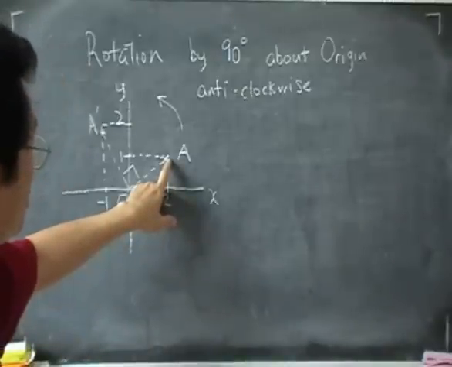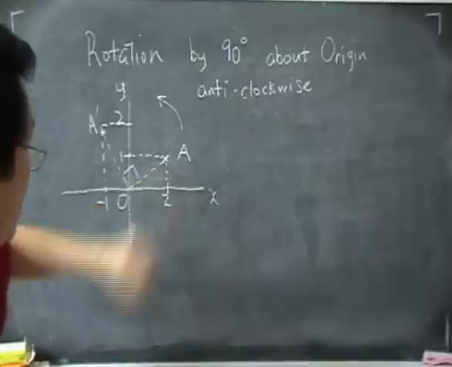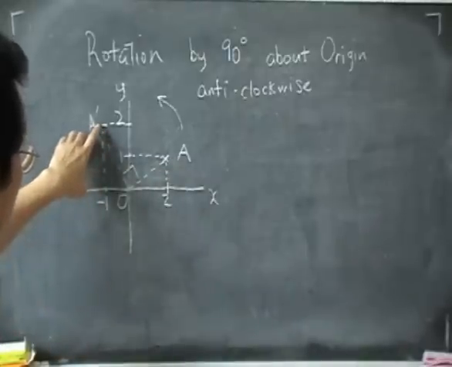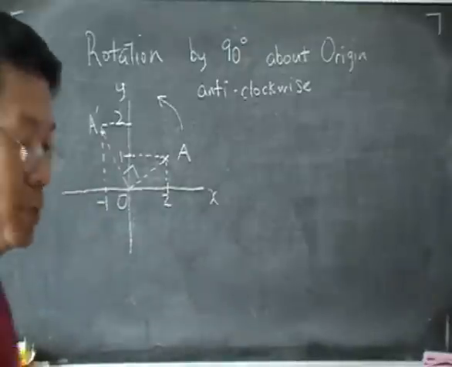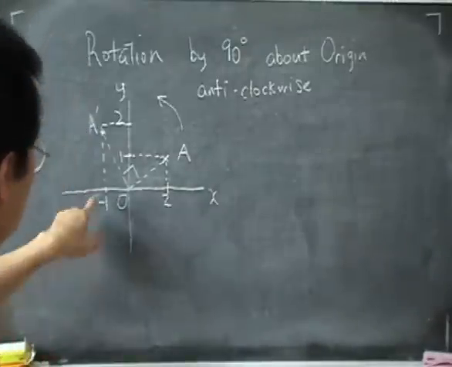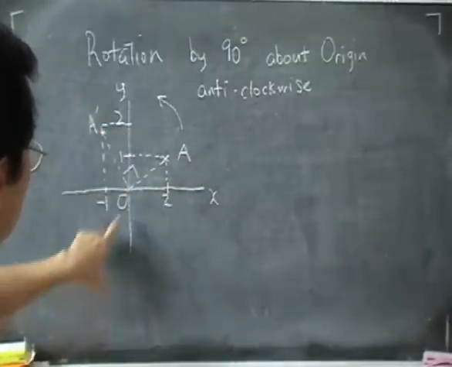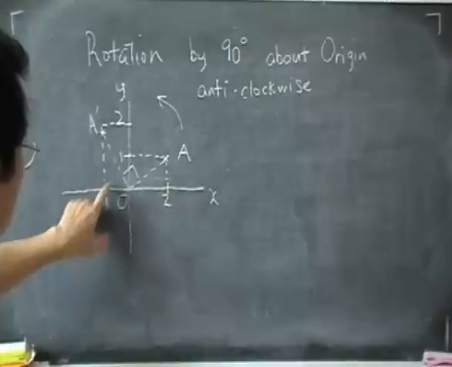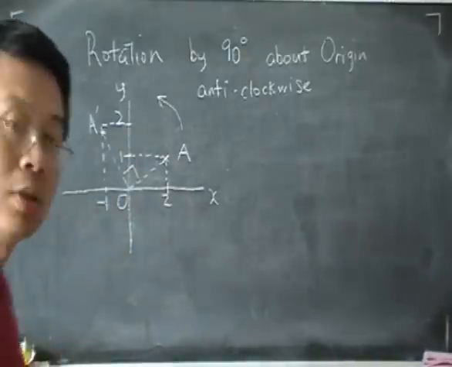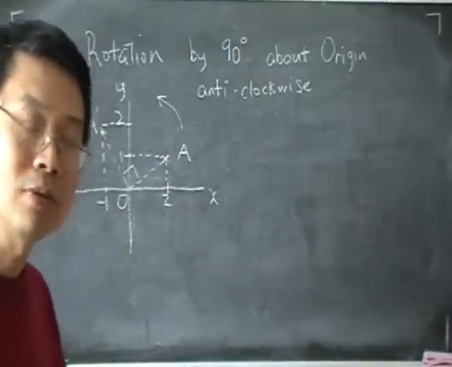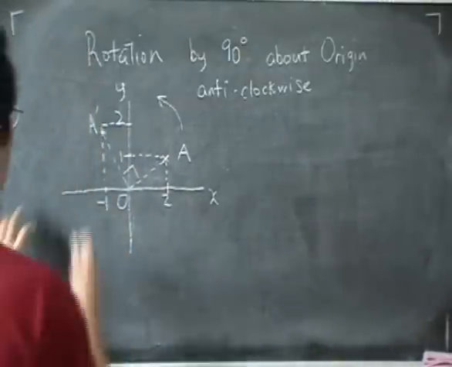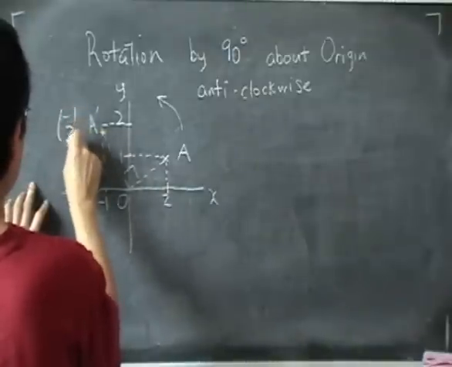The remaining corner here is A, and A must have rotated to that corner. And since this is a rectangle with the sides at -1 and 2, we have the answer, -1 and 2.